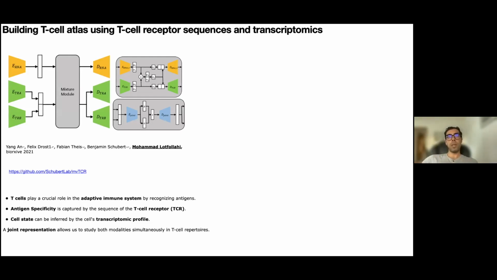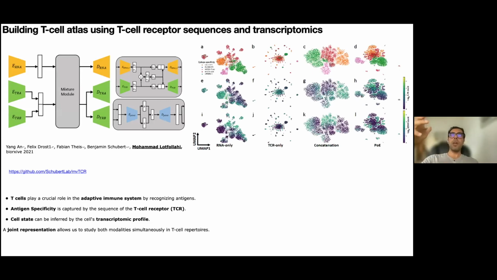We showed that if you learn multimodal reference maps for TCR and single-cell transcriptomics, it gives you extra information compared to unimodal reference atlases learned from TCR only or RNA only, and you can see it in the UMAP.